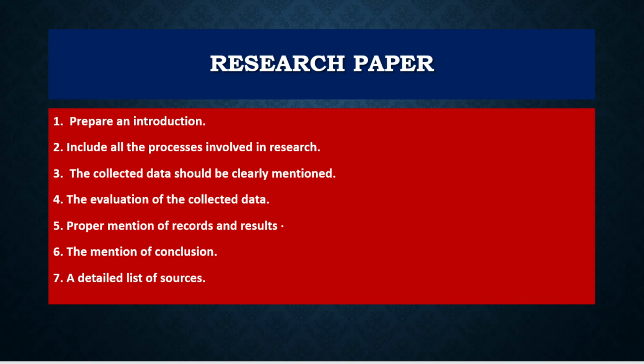The evaluation of collected data and procedure of experiment to drive conclusion of research. Records and results are properly mentioned by experimental procedures. The mention of conclusion with respect to data collected as a result of the experiment. And in the last, a detailed list of sources used as reference for the research.